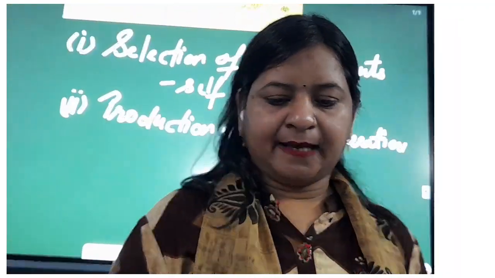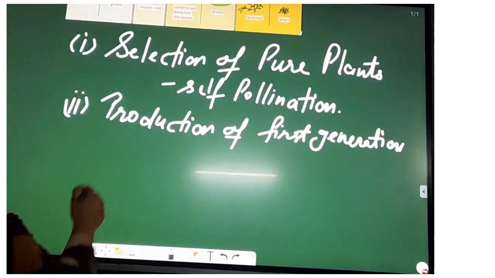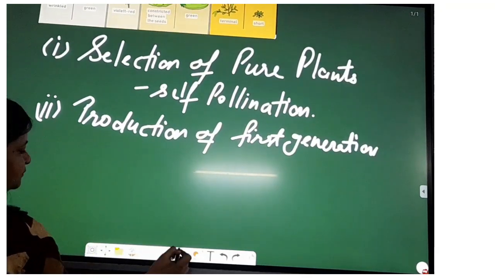The second step was the production of the first generation by hybridization.